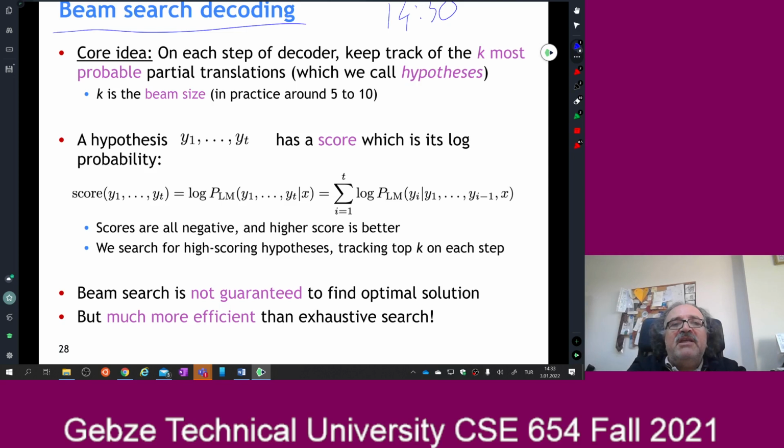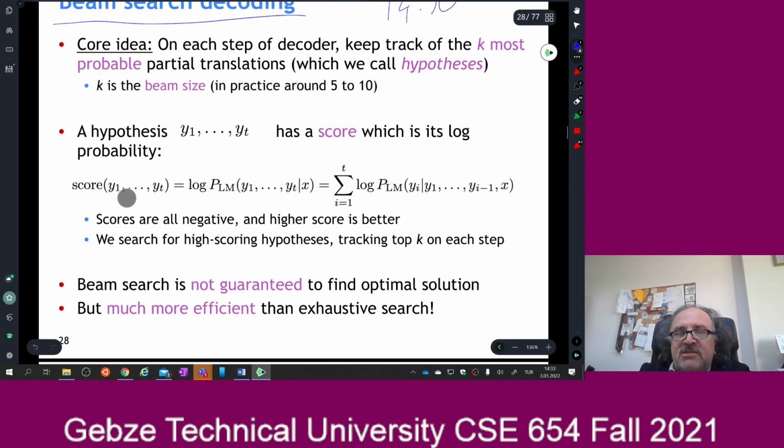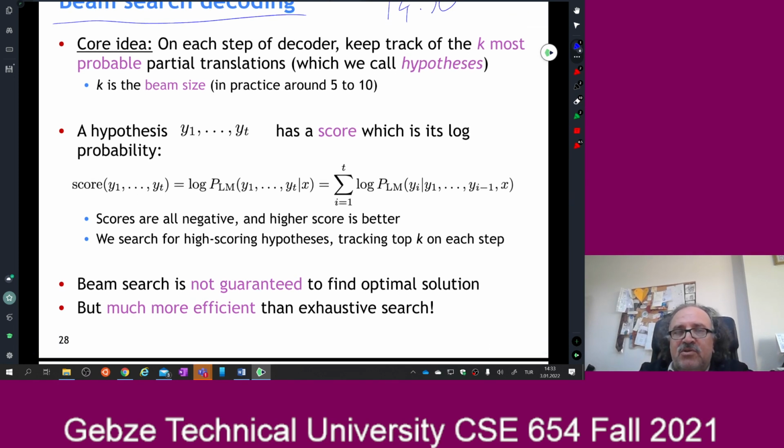On each step of the decoder, keep track of the k most probable partial translations. And for each step, calculate this score. So what is the score? The score, from 1 to t, is calculated given all these input sentences and whatever I produce, what is the probability of the next word.